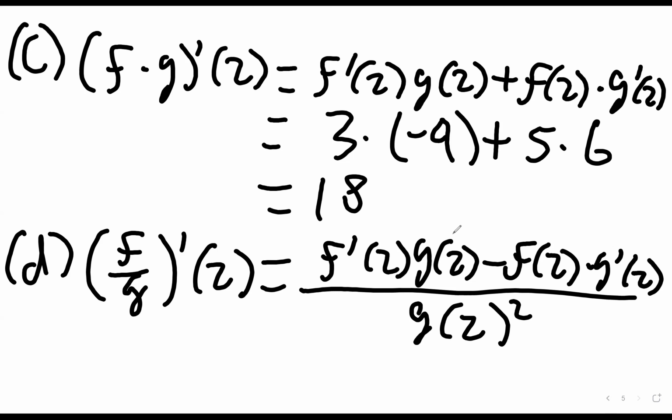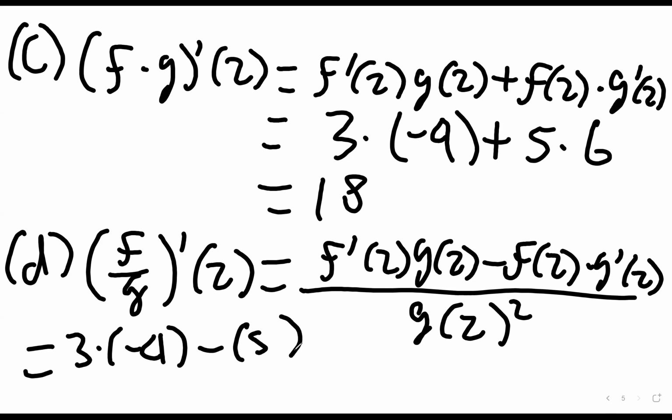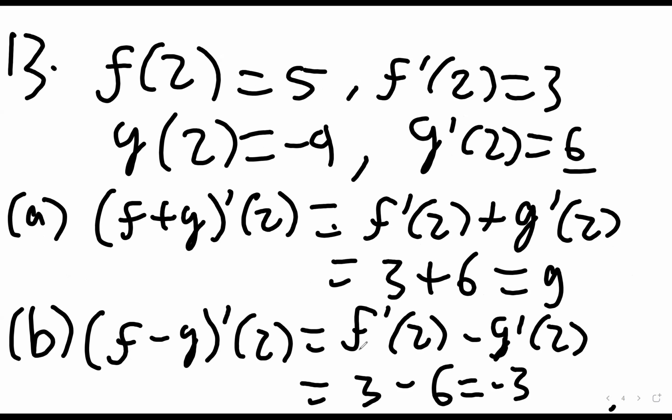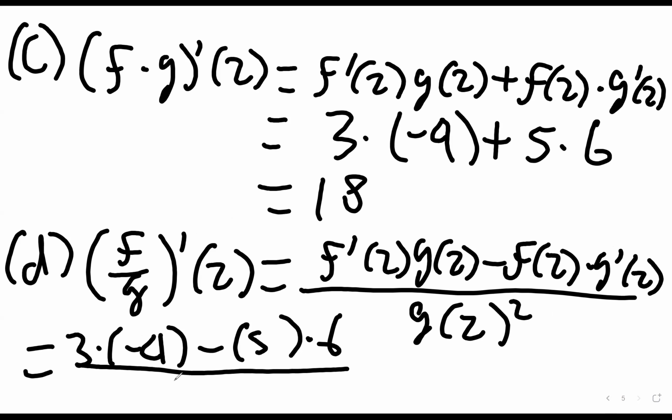Okay, and the same as before, just insert the values. f prime of 2 is 3, g of 2 is minus 4, minus f of 2 is 5, and g prime of 2 is 6, divided by g of 2, which is minus 4, squared.